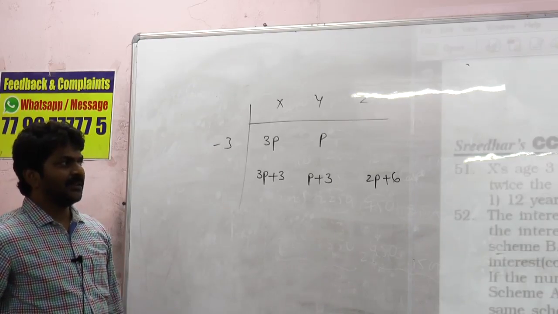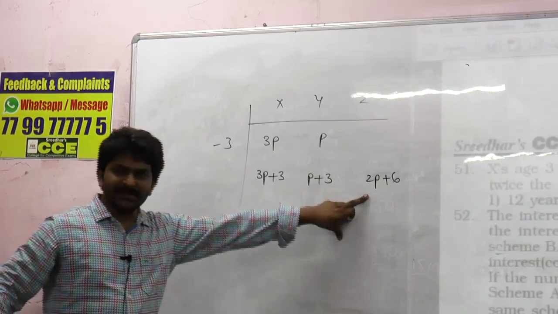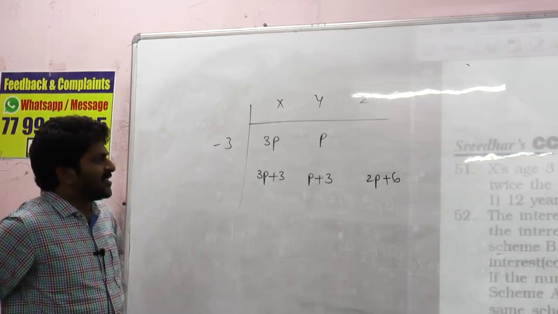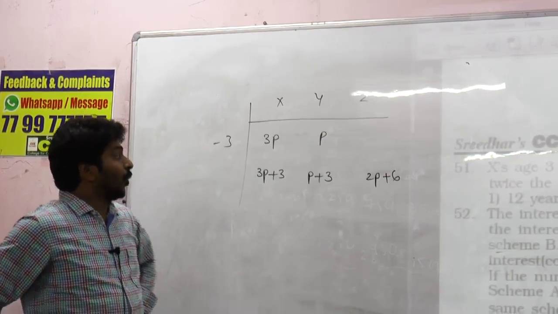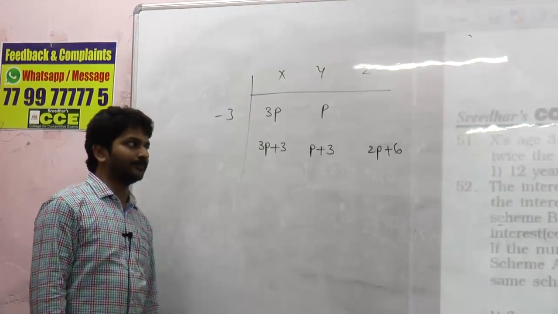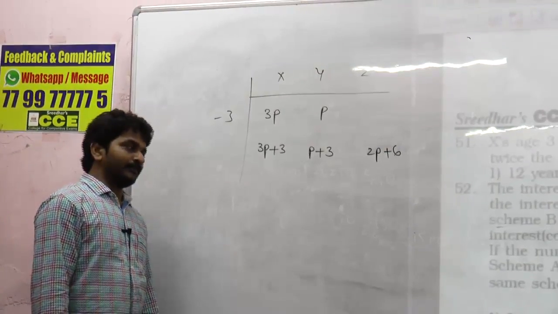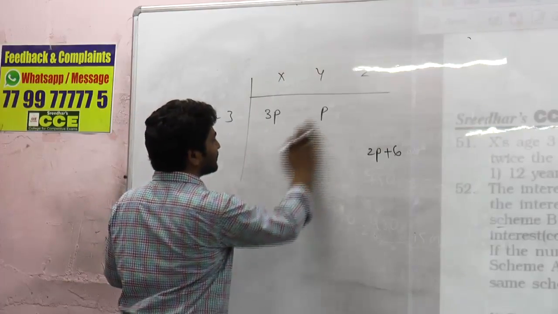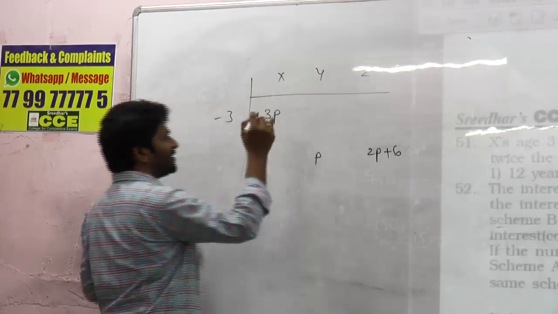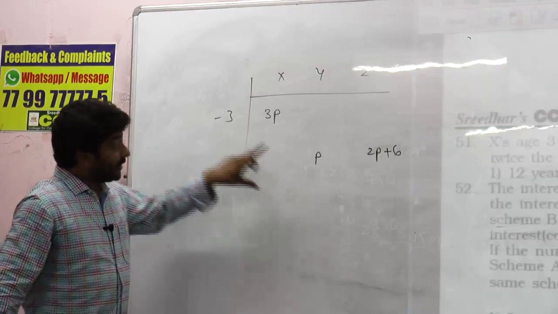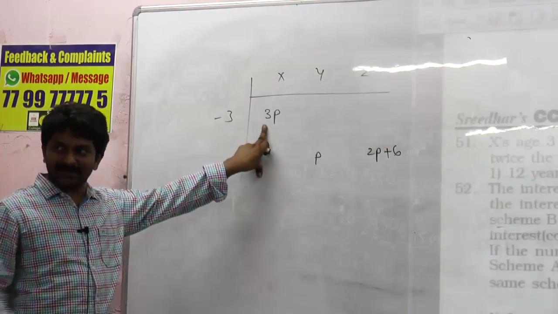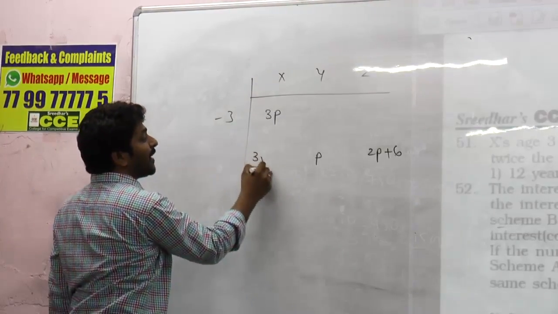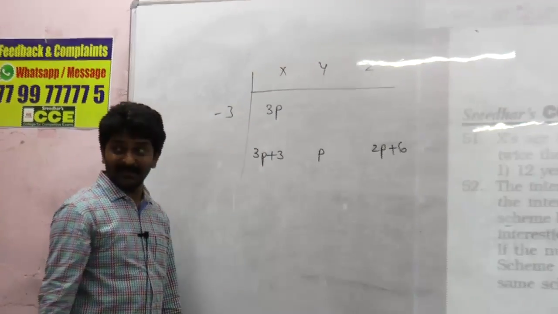I am taking present only. X's age 3 years ago was 3 times. If present age of Y is P, 3 years ago X's age becomes 3 parts. Then present age of X becomes 3 parts plus 3.